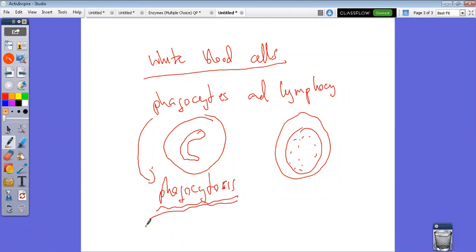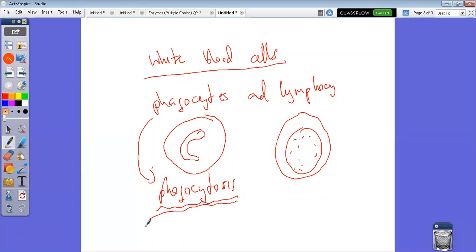What happens is that, step one under phagocytosis, the phagocyte engulfs bacteria, by taking them into the cells. Number two, they secrete enzymes to digest the bacteria.